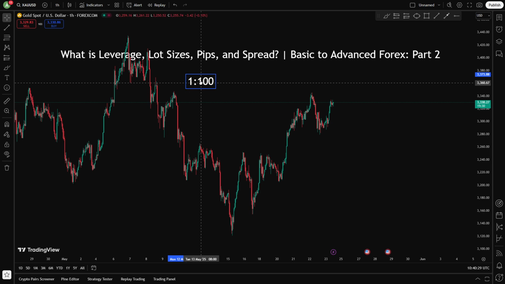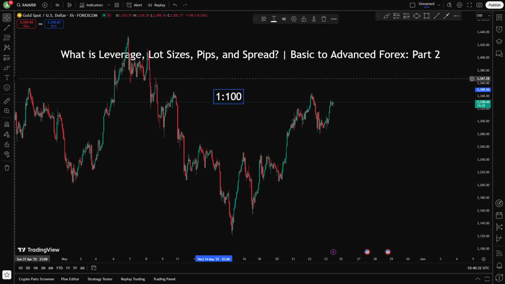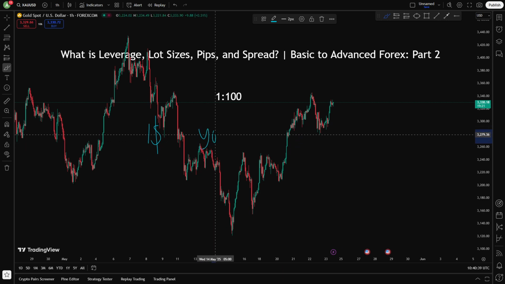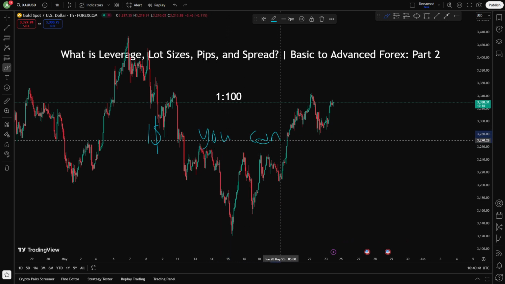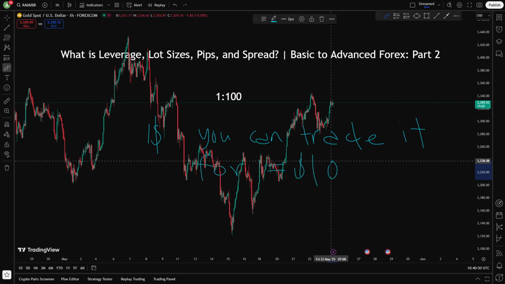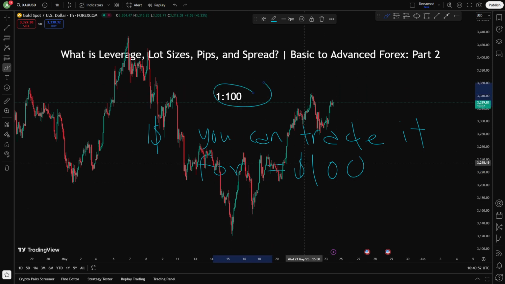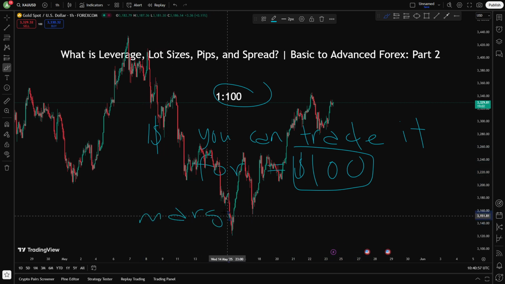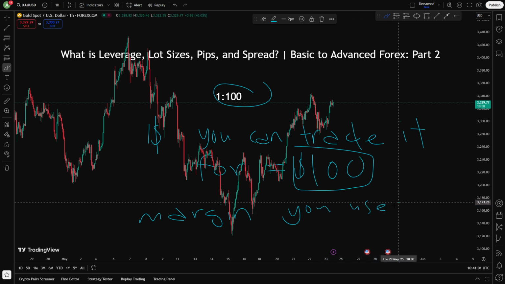This means that for every $1 of your own money, you can trade $100, because it multiplies your margin. Margin is the amount of money you use to open your trade.